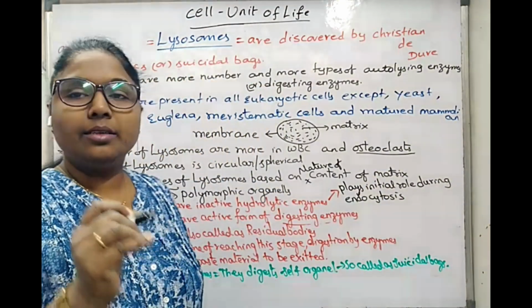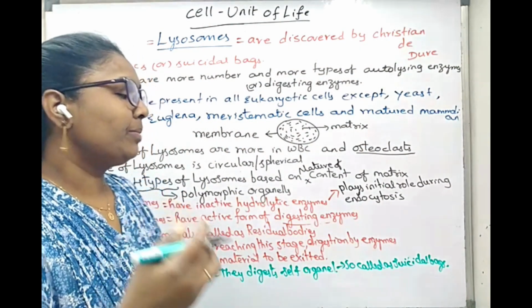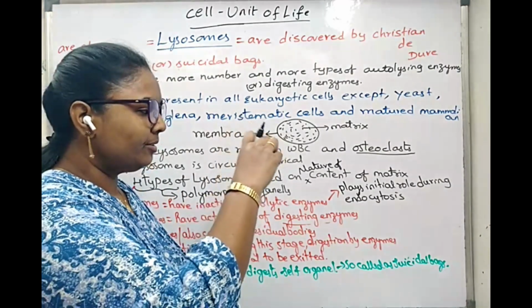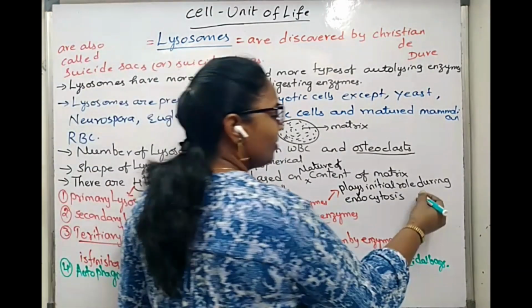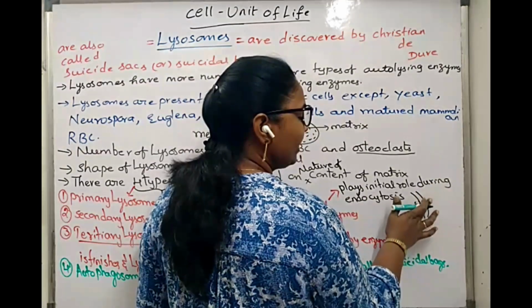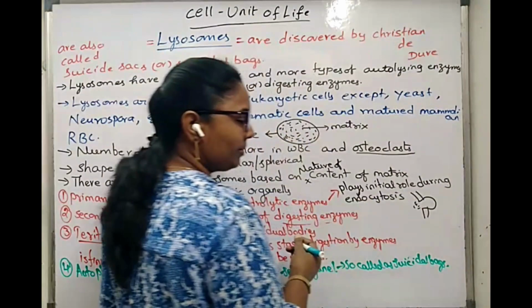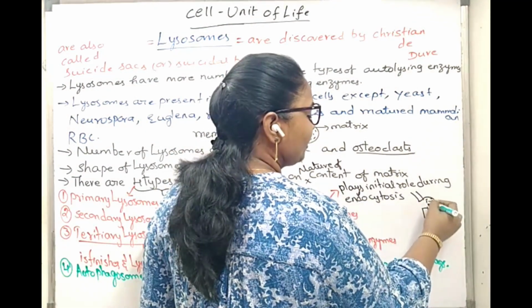Endocytosis means that after being released from the Golgi body, from the trans face, these lysosomes will take in the food material that enters through the plasma membrane and forms into a vacuole. Suppose this is a plasma membrane and food material is entering, then this area forms into a vacuole-like structure by the process of elasticity. So the food material enters inside.